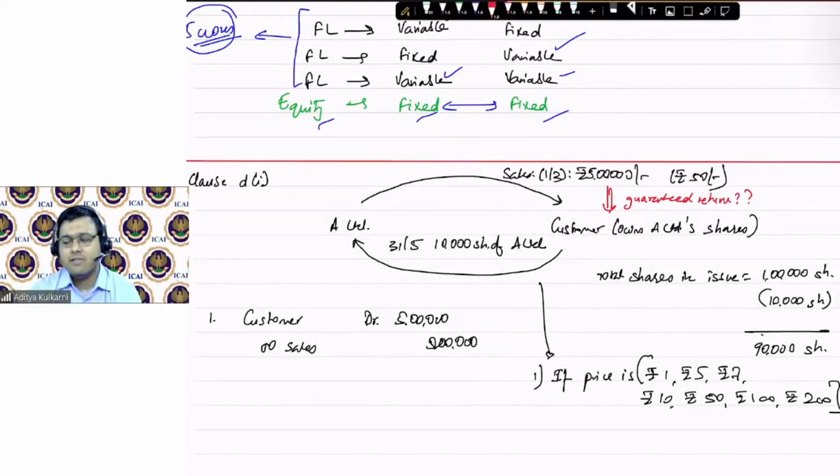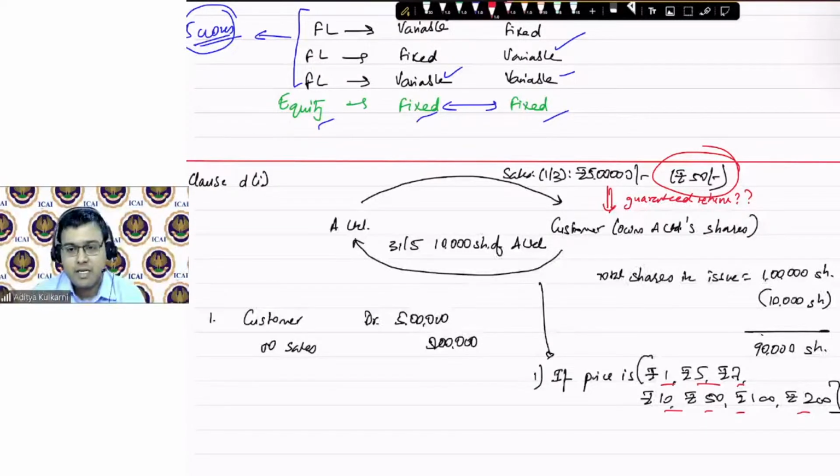It is consideration. So if consideration is vanishing, can I say that the guaranteed value for 10,000 shares is 5 lakhs? Price and number end up being fixed. It is a coincidence that the price is 50, but it could be any price, 1, 5, 7, 10, 50, 100. What I want to say is, are the 10,000 shares of A Limited getting a guaranteed value?